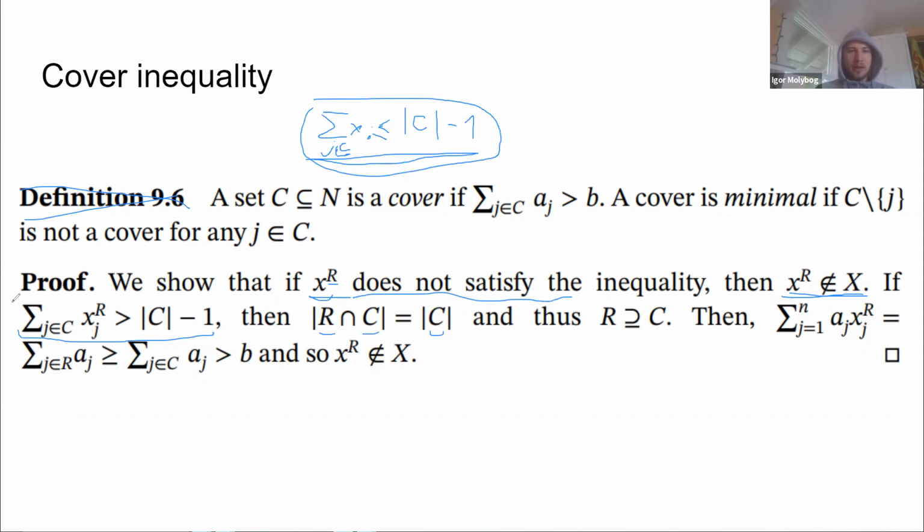Well, on the left we have the number of elements that belong to R and C at the same time, and on the right we have this number minus 1, and we know that this thing is greater than this thing, and it cannot be more than |C|, therefore it's equal.